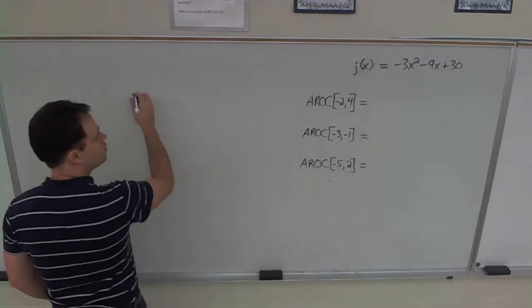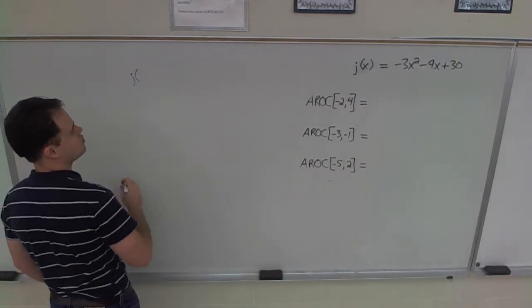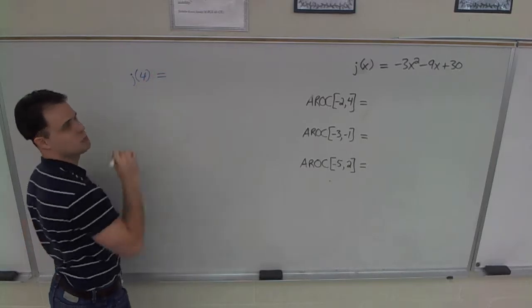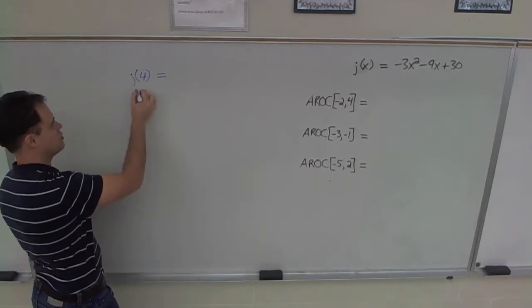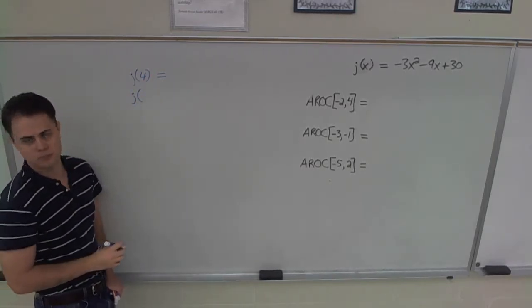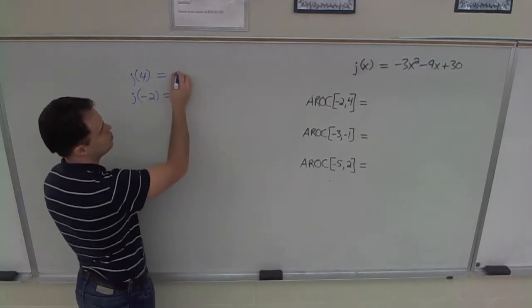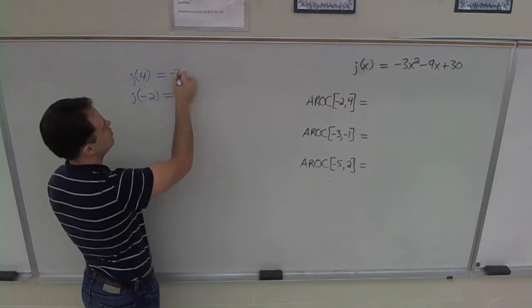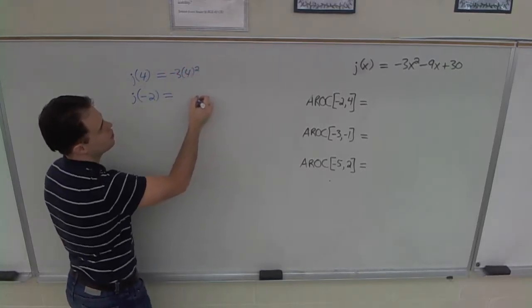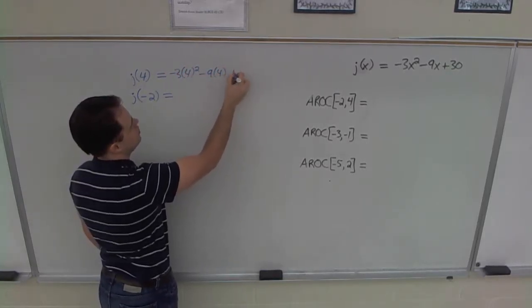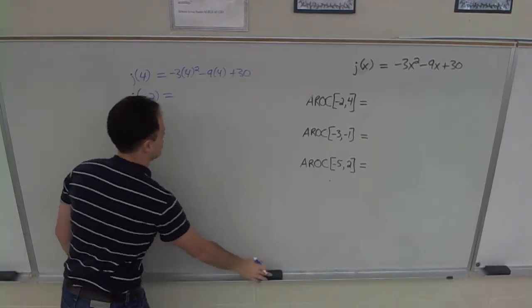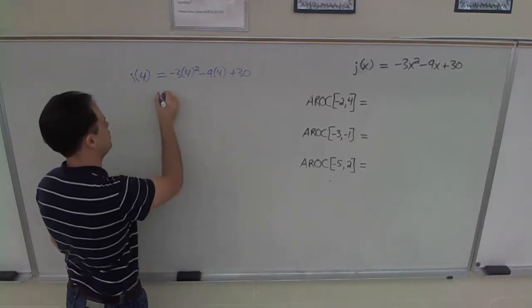So let's get the y values for function j of x. The first y value I need is when I put in 4. The next y value for that same problem is when I put in -2. So let's see, maybe we won't need our calculator. If I drop 4 into the function, I'm going to get -3 times that 4 squared minus 9 times that 4 plus 30. Let's try to do that one without using our calculator too much.